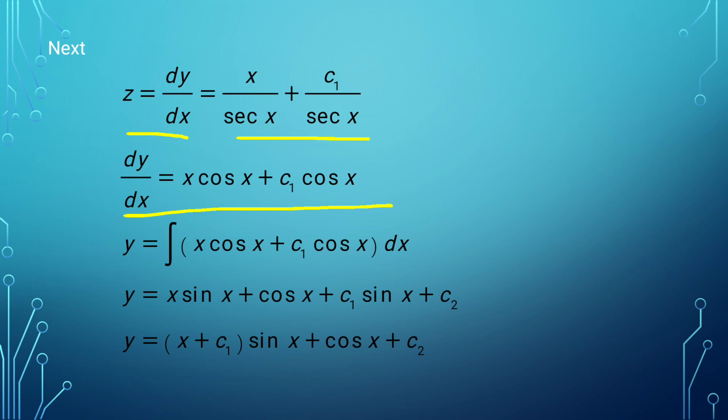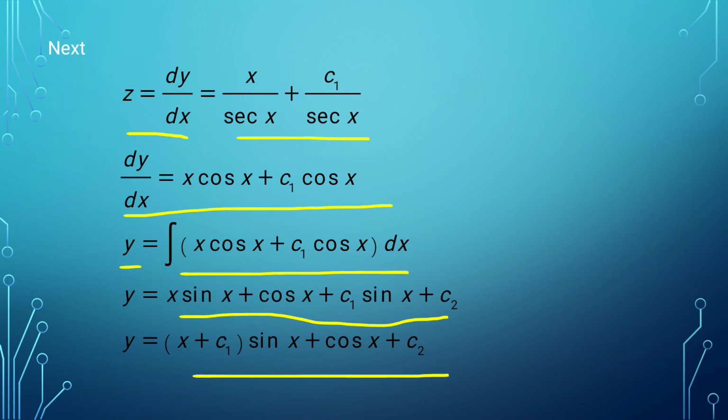Which means if we integrate, we'll get the value of y, which is actually this. Integrating and opening the brackets, you get this. And therefore our solution, y, is given by this.